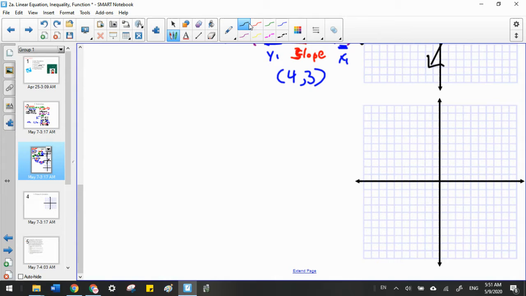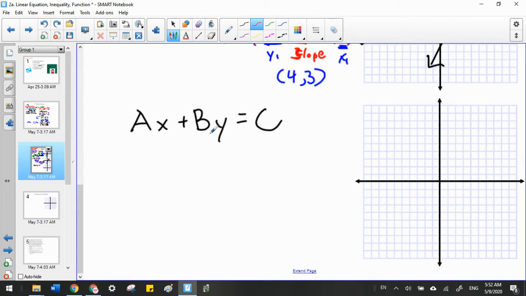So standard form looks a little bit different than point-slope and slope-intercept. Standard form looks like this: ax plus by equals c. So once again, the x and the y values here are the variables.